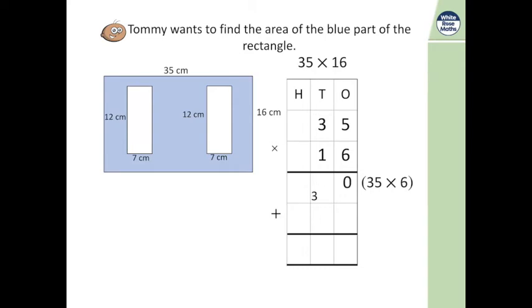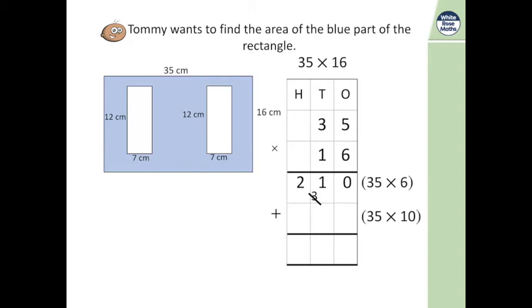So step 1, 5 times 6 is 30. 0 down, carry the 3. 6 times 3 is 18, plus the 3 gives you 21. 1 down, carry the 2.